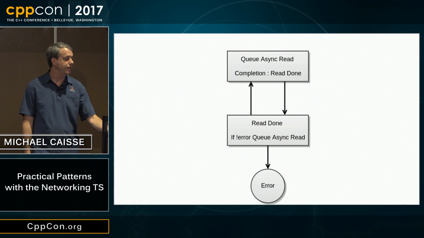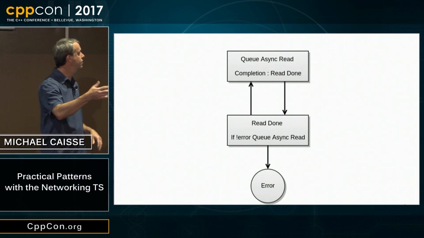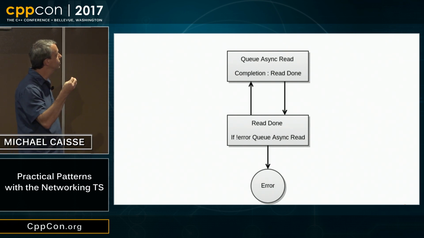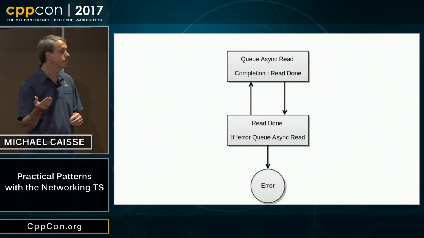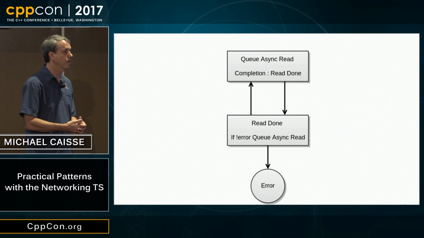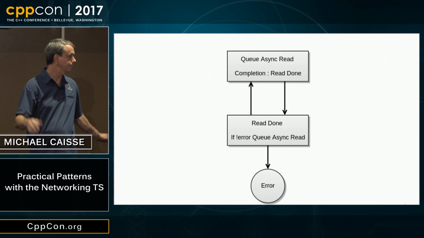So thinking about our chaining of completion handlers, we are going to queue this async read, which is our initiating. And on completion, we're going to call read done. And what does read done do? Well, if there weren't any errors, it's going to start off the async read again. And if there were errors, it's not going to do anything anymore. It's just going to fall out.